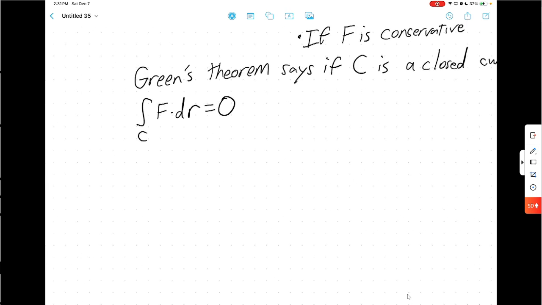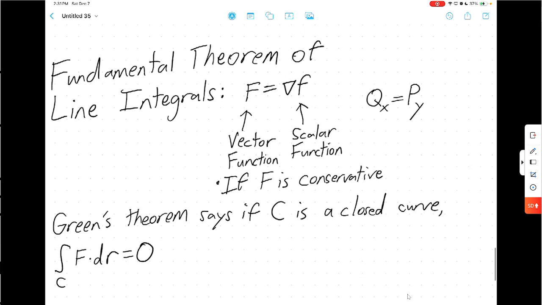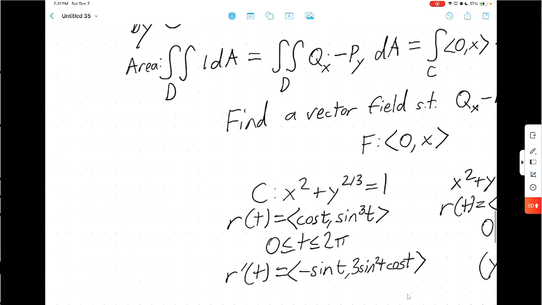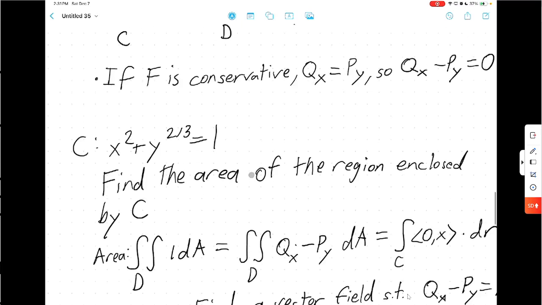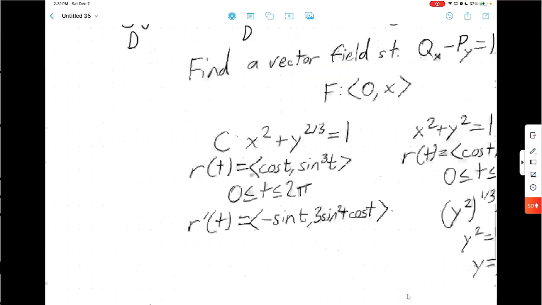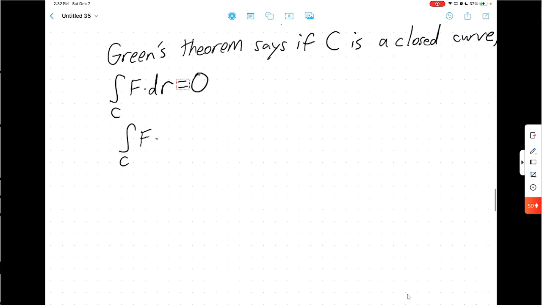That's really how the fundamental theorem of line integrals relates to Green's theorem. It will just tell you if C is a closed curve, this whole line integral becomes 0.